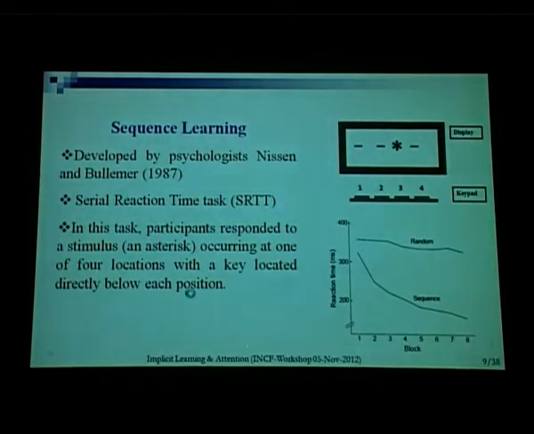Just as I have shown in the artificial grammar, in this case one of the 4 locations is highlighted by an asterisk. Subjects simply have to press the corresponding button on the keypad, and a sequence of stimuli appears, and unknown to the participants there is an underlying pattern that this series of asterisks follows.